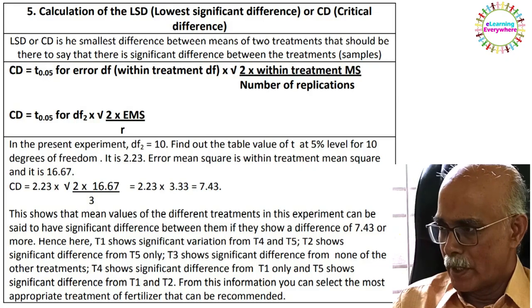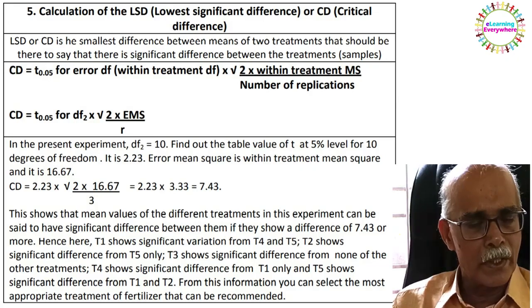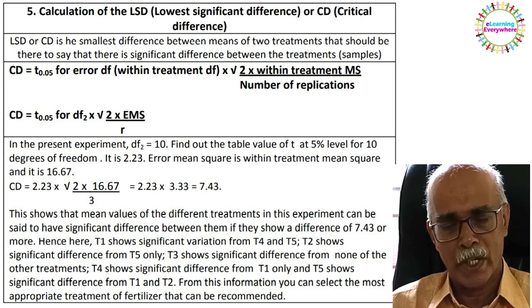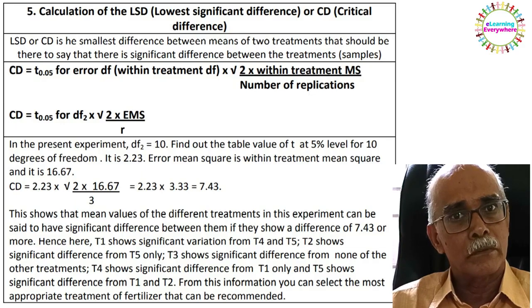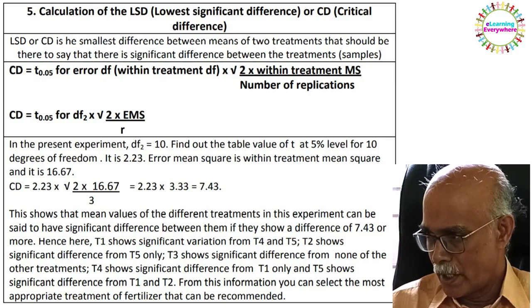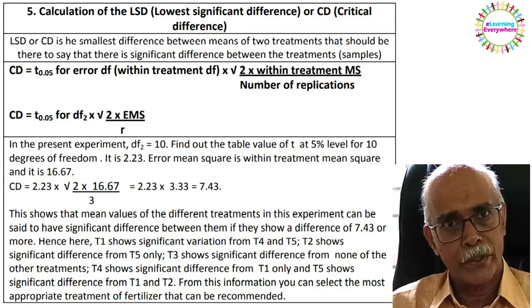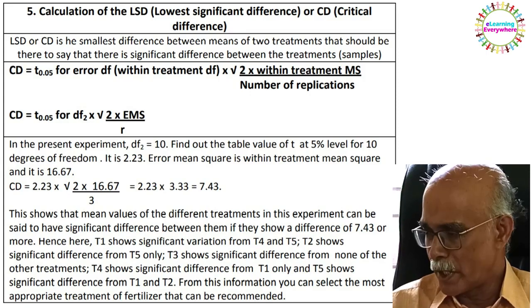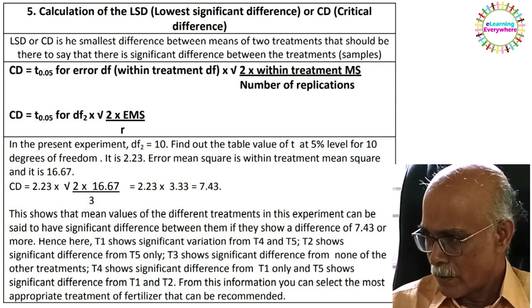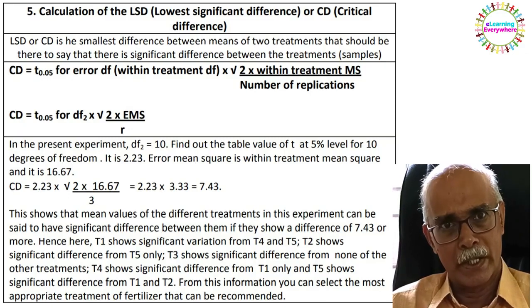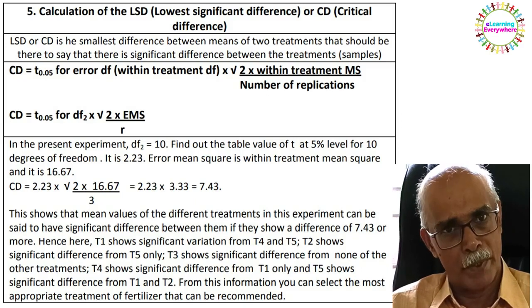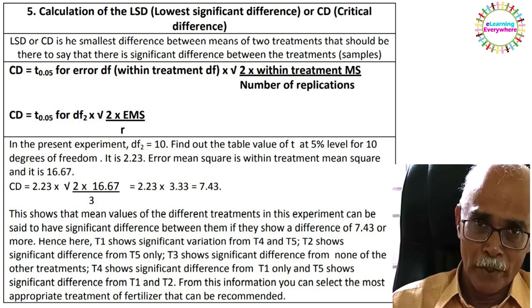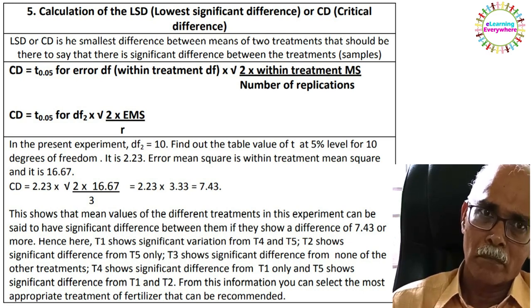And since the treatment mean of T5 is the highest, you have to see whether adopting T5 as the most appropriate treatment, or T4 or anything like that, will be more useful based on your data.